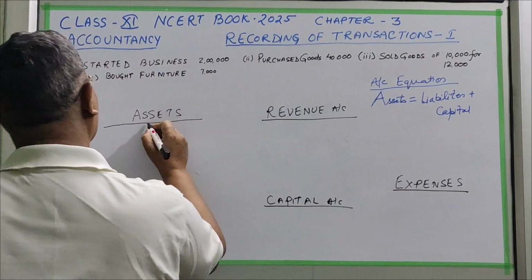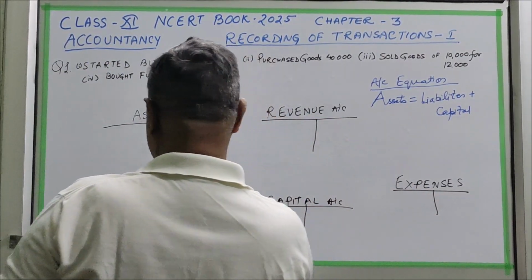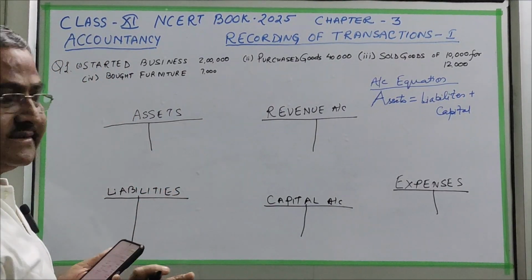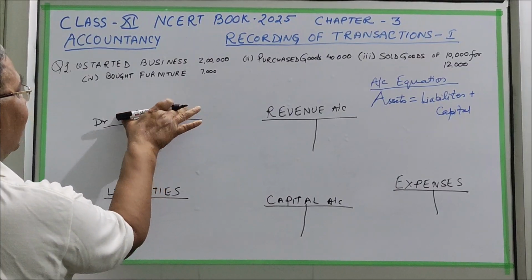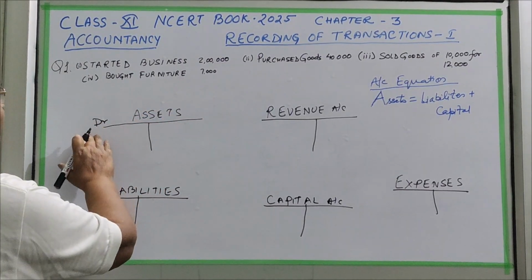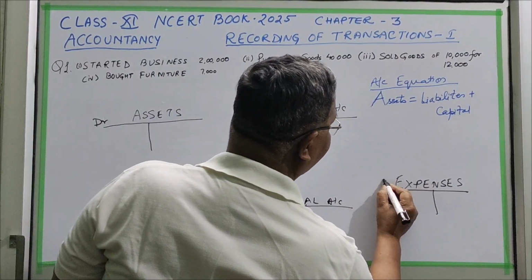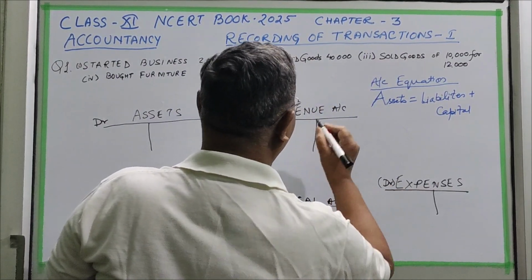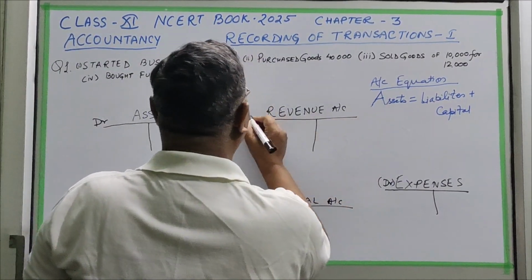So how do we deal with the double entry system? Basically, all our assets are of the nature of debit. Asset is by default always debit. Like all expenses, they are always debit. Revenue account means income account. They are always our credit accounts.